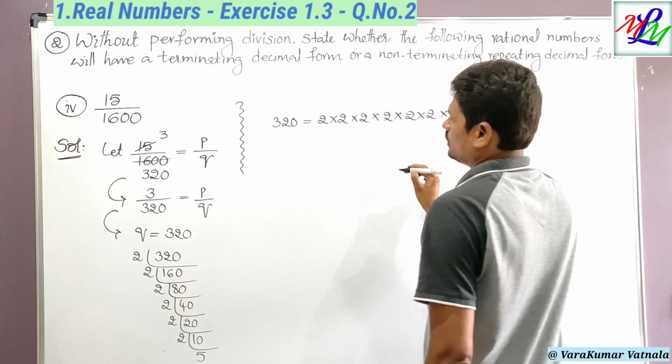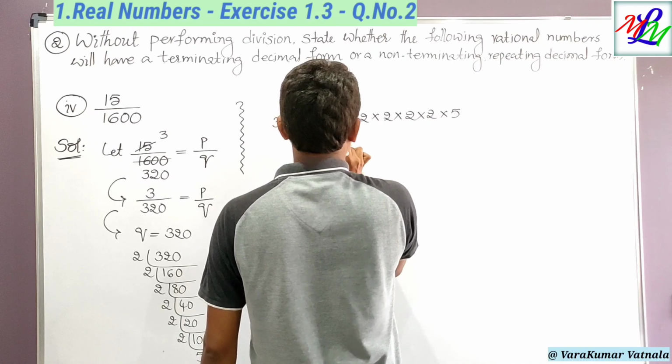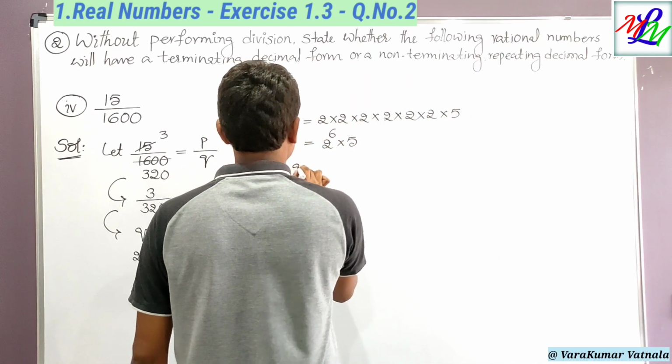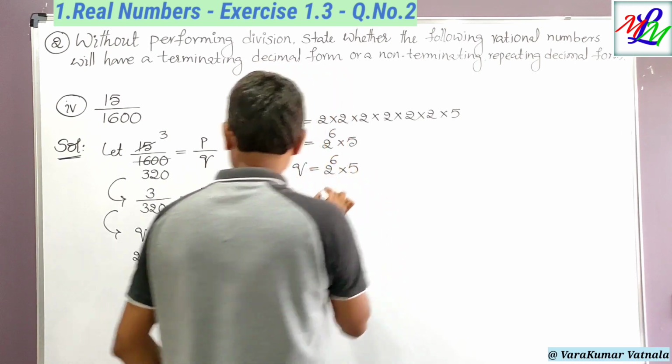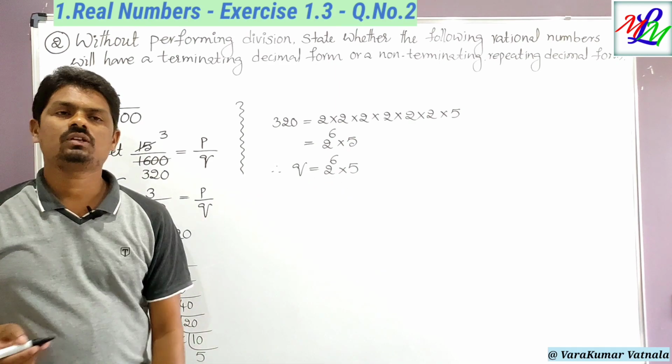Therefore Q is equal to 320, which is 2 to the power 6 into 5.